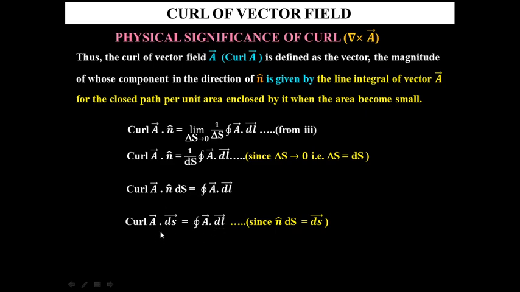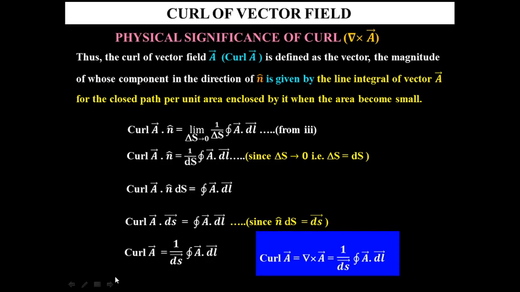Now this ds vector can be shifted to the right hand side, and it goes into the denominator. So curl of vector A is nothing but 1 by ds vector times the line integral of A dot dl. This is the equation for the physical significance of curl of a vector.